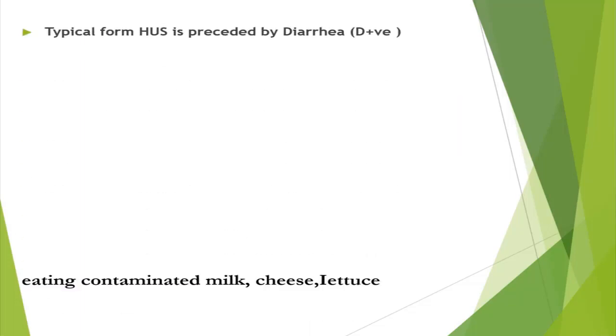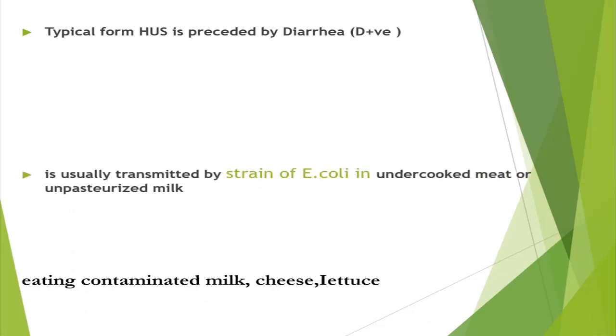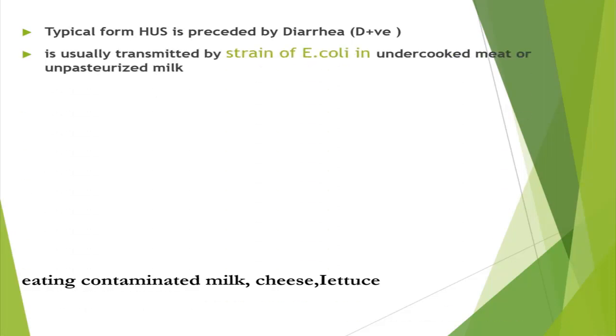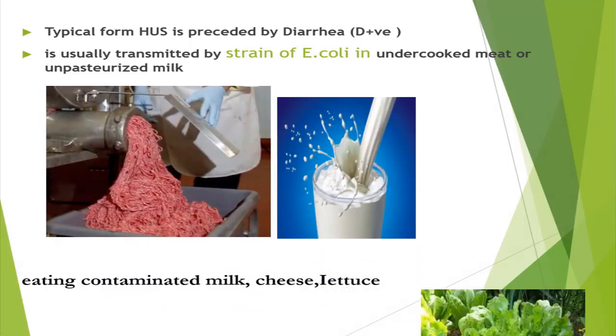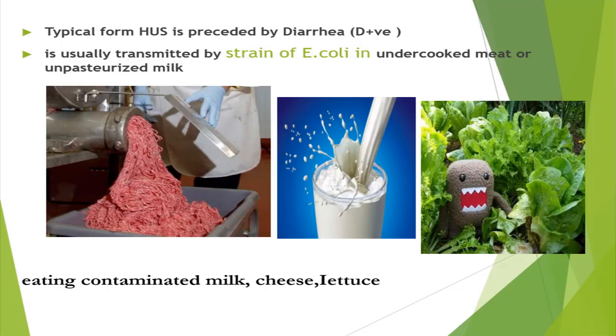We are going to talk about the typical form that is preceded by diarrhea, which is the most common in children, diarrhea positive, and it is usually transmitted by a special strain of Escherichia coli called hemorrhagic E. coli that is found in undercooked meat, unpasteurized milk, or salads that contain this microorganism.